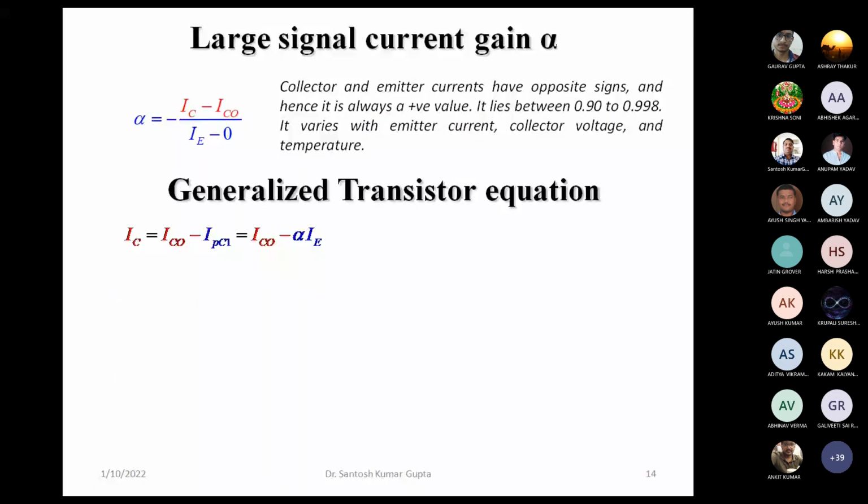Now we can write the generalized transistor equation. IC is equal to ICO minus IPCO. I already discussed, this is valid only in the active region of operation, the normal mode of operation. The normal mode is also called active, in which the emitter junction is forward biased and the collector junction is reverse biased.